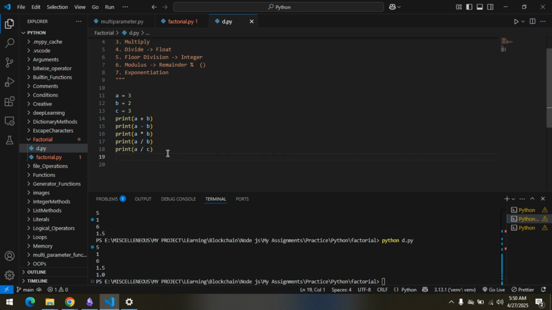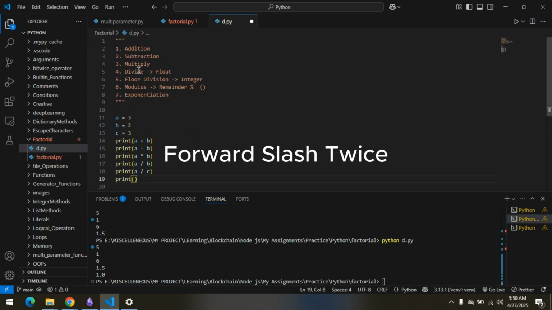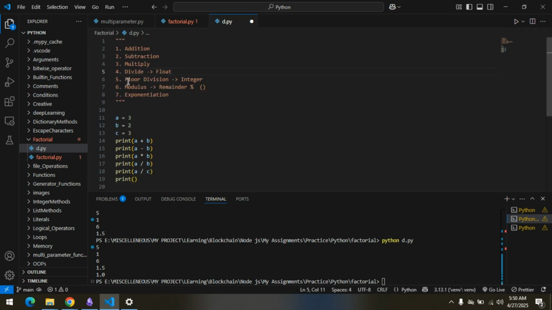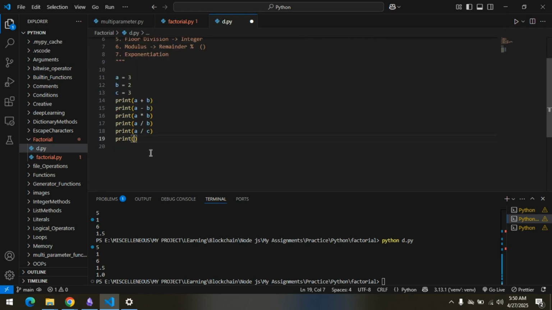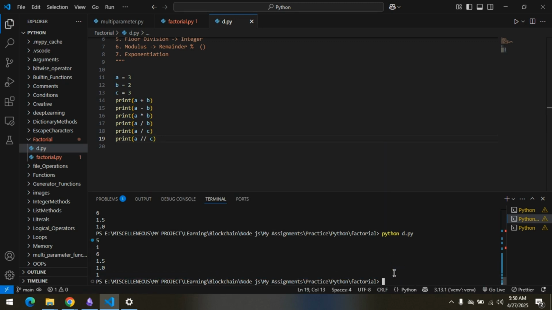Now to be able to get rid of the float or the decimal, you do floor division, which is this one, step number 5. Do it with a C, and this will give you a 1.